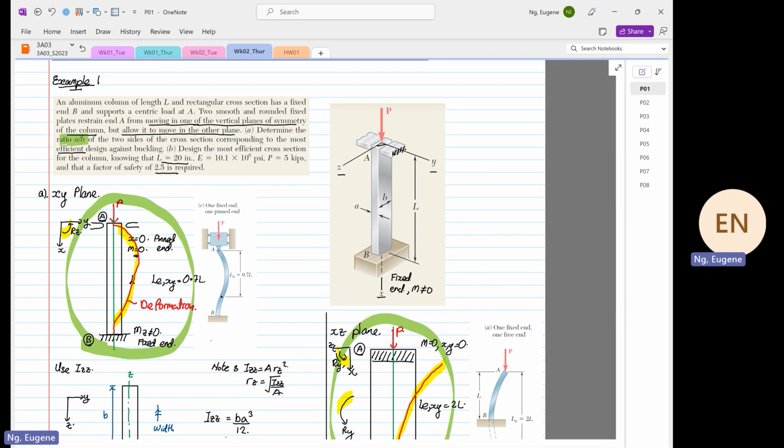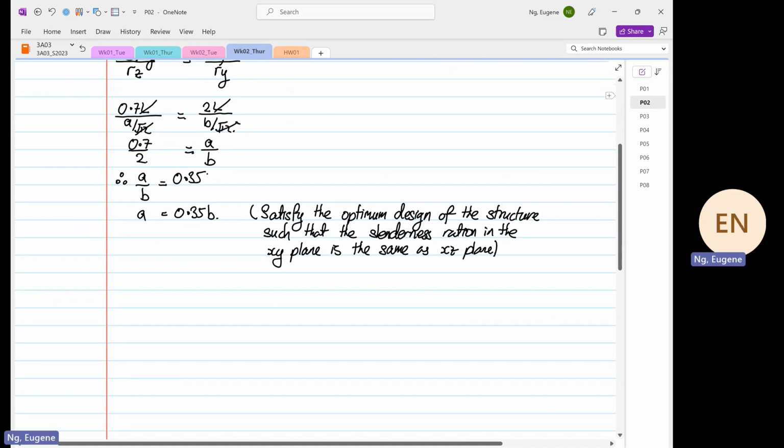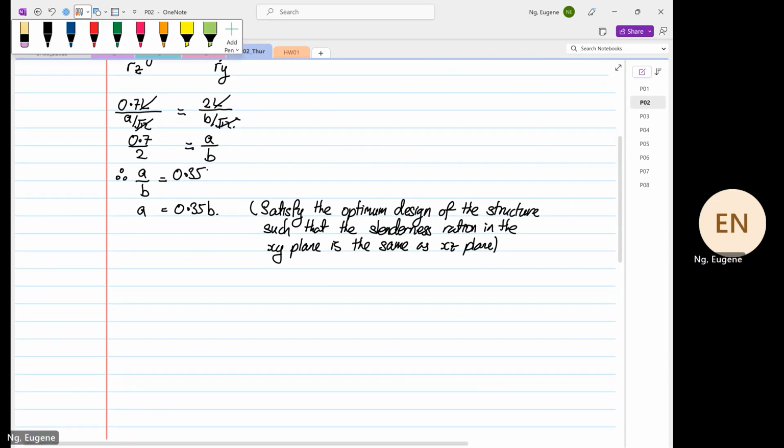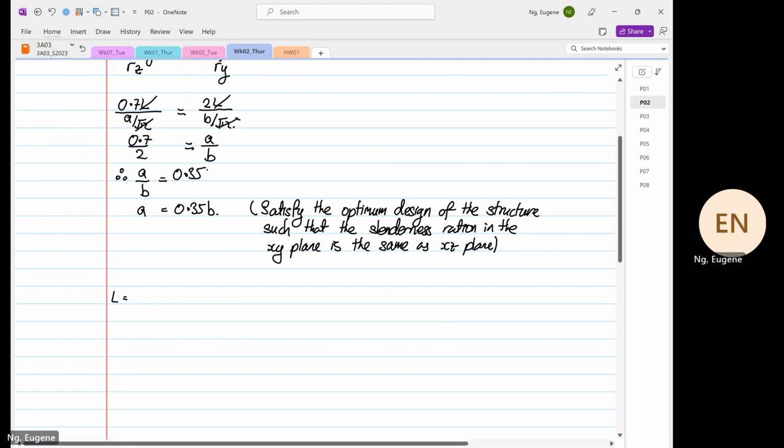The next one is we're going to design the most efficient cross section. So we are given the numbers now. Let me write down the numbers. What we are given is the length, which is equal to 20 inch.